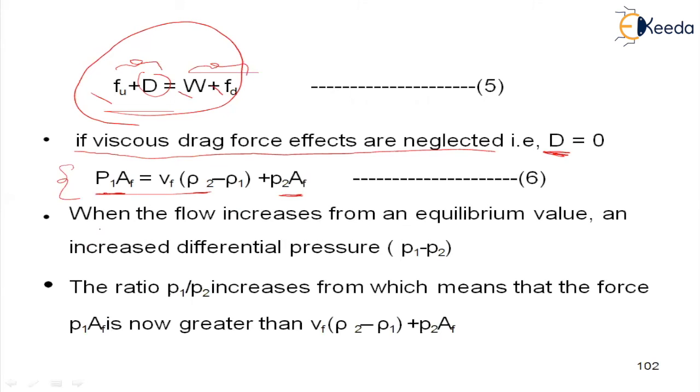Now when the flow increases from an equilibrium value to an increased pressure differential P1 minus P2, automatically the ratio P1 by P2 increases.